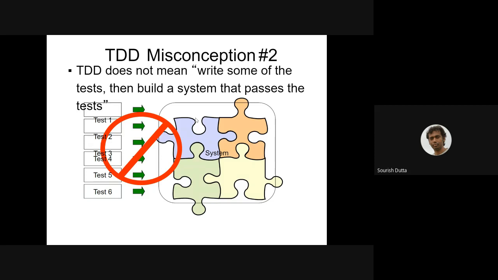Again, TDD is also not about writing some part of the code and then making your tests pass. You only add the tests one by one and add the minimal code to pass each. Not all, not some code. It is one code, one test case, one particular feature at a time.